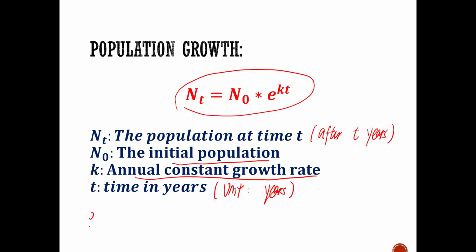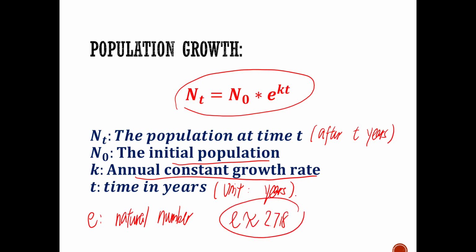And here e is what we call a natural number, and e is approximately equal to 2.718. The natural exponential function is used to capture the continuous compounding phenomenon.